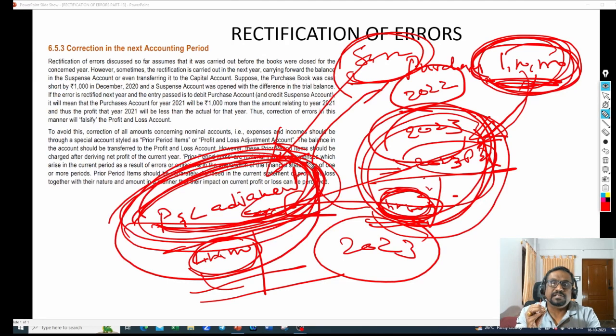Because if I put all these adjustments in the P&L adjustment account, I will get to see whether all these errors posted to it have material impact or not. We can check. Once we confirm that it doesn't have material impact, you don't require to disclose. If it has a material impact, you have to disclose them in our annual report. That is the reason why this is an important concept which you need.